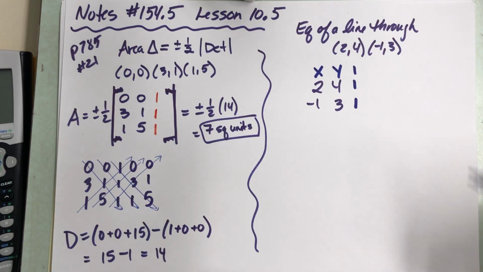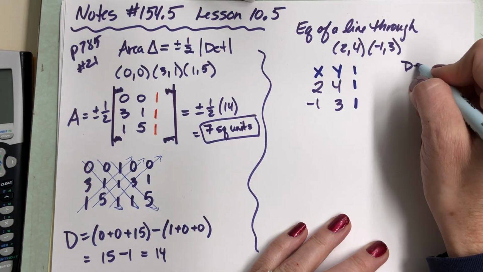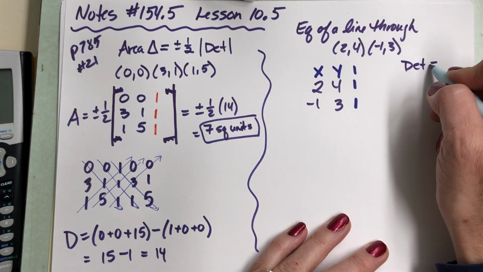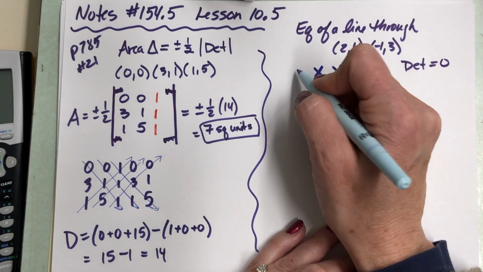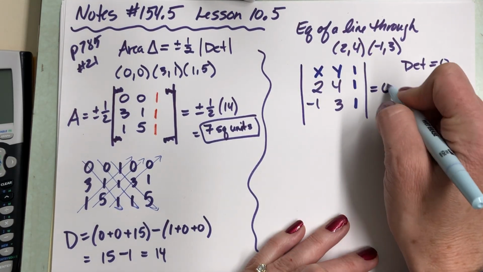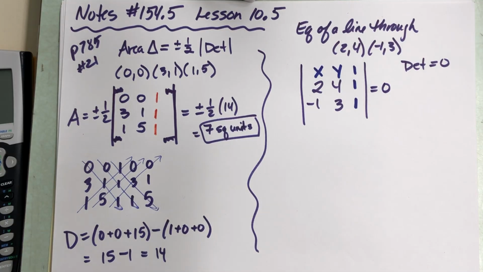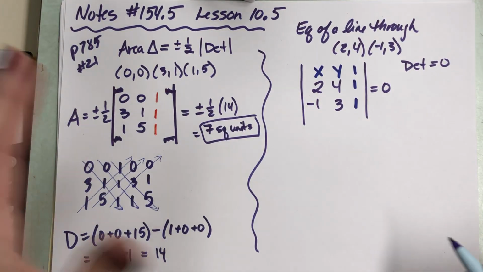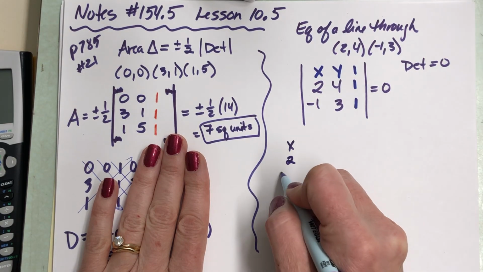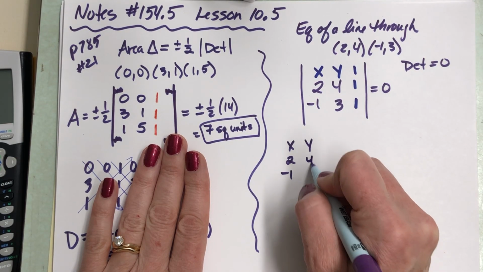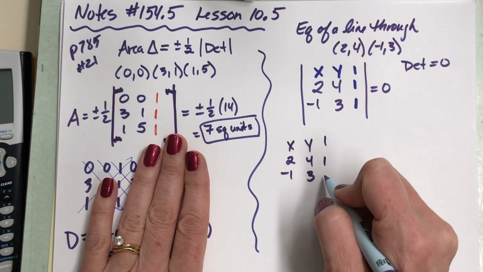Now, the rule is that the determinant of this new matrix is going to be equal to 0. So I'm going to have the determinant with my bars. They're not absolute value bars, they are determinant bars. We need to do our basket weaving: x, 2, -1, y, 4, 3, 1, 1, 1.